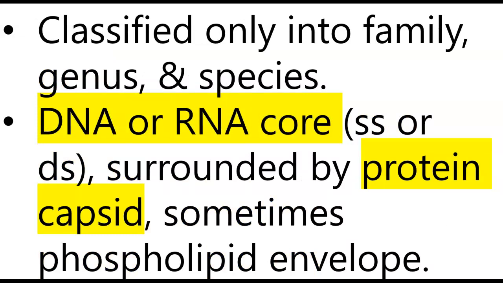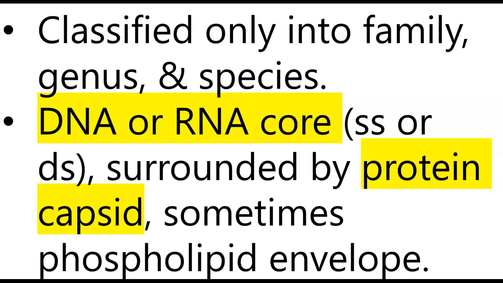Viruses are classified like living things in a certain way. With all other living things, we classify them starting with their domain. If you remember, it's domain, supergroup, kingdom, phylum, class, order, family, genus, and species. But viruses are only classified into a family, a genus, and a species.